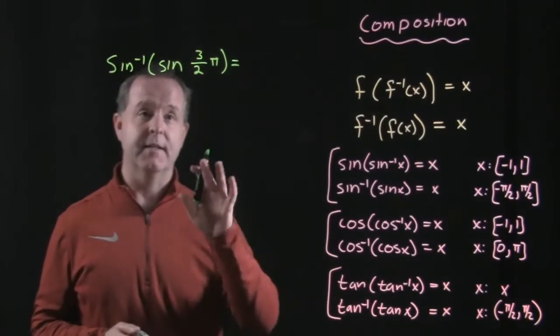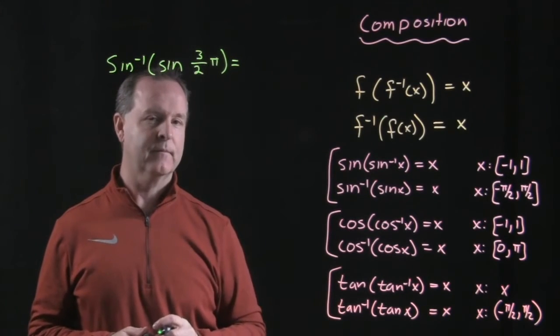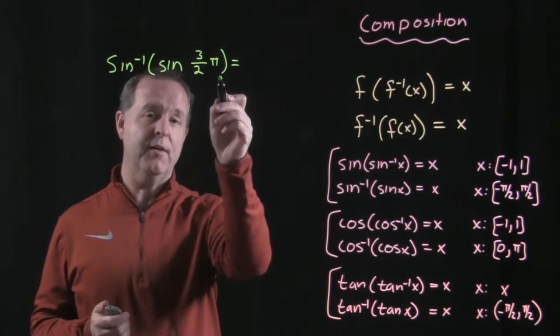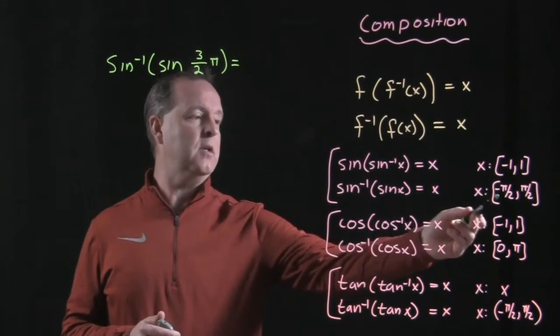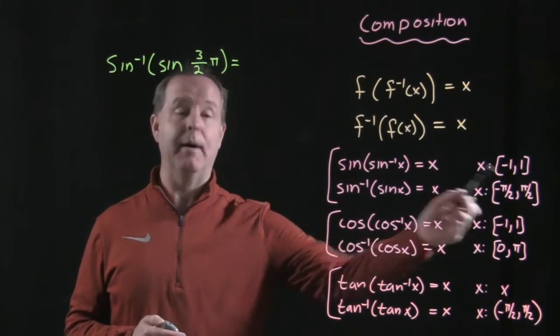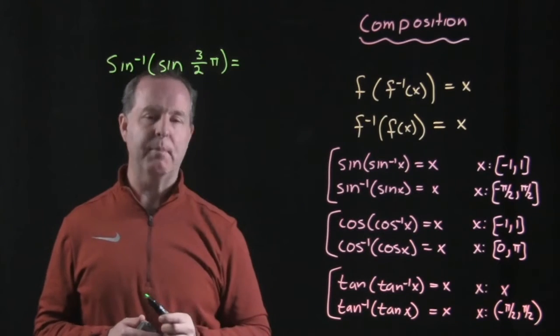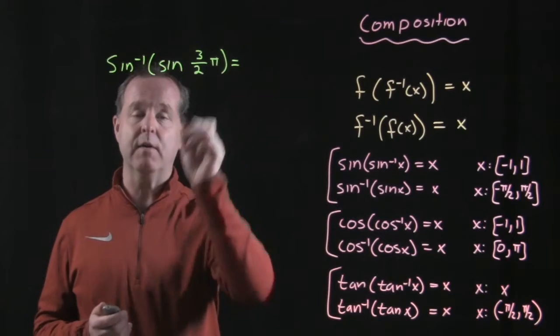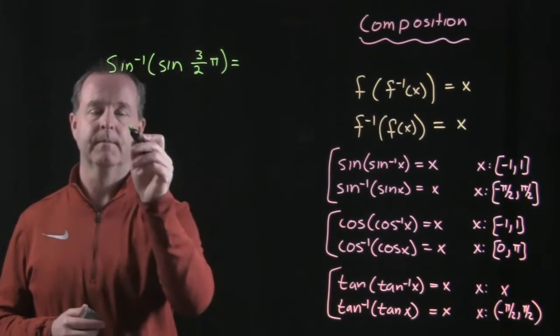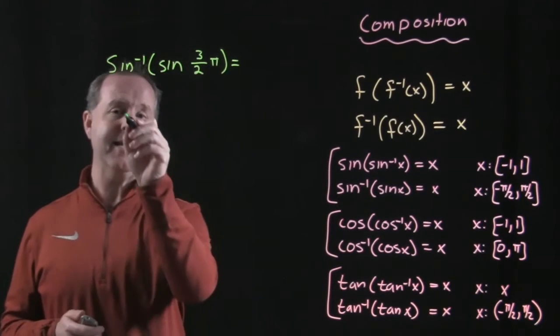The inverse sine of the sine of 3/2 pi. Let's identify, is our x in this particular case within the interval? The interval is from negative pi halves to pi halves. 3/2 pi is not in the interval. So what I first need to do is find the value of the sine of 3/2 pi. Do you remember what the sine of 3/2 pi is?